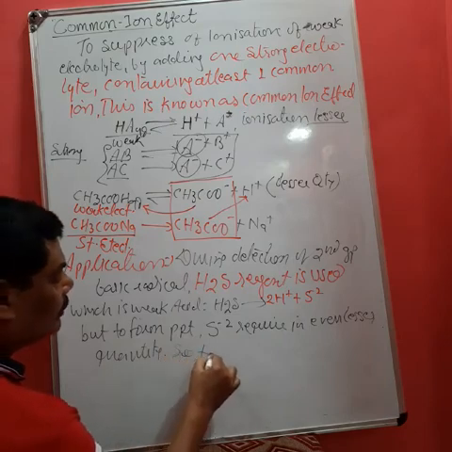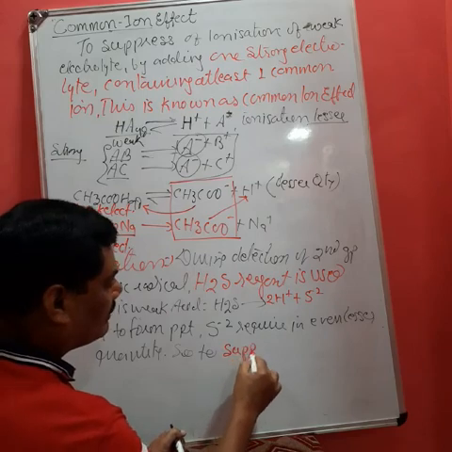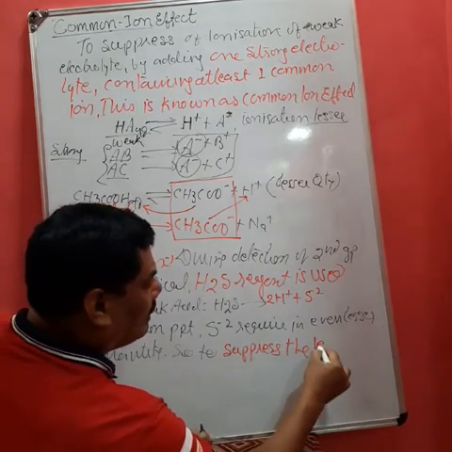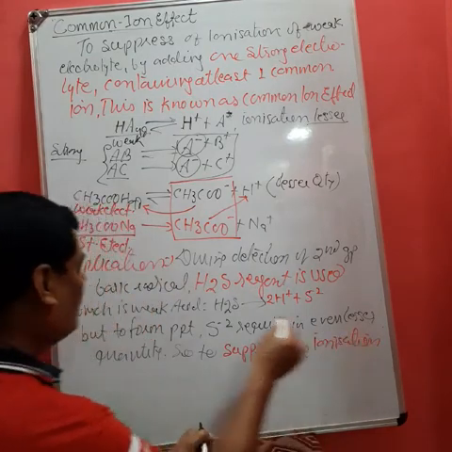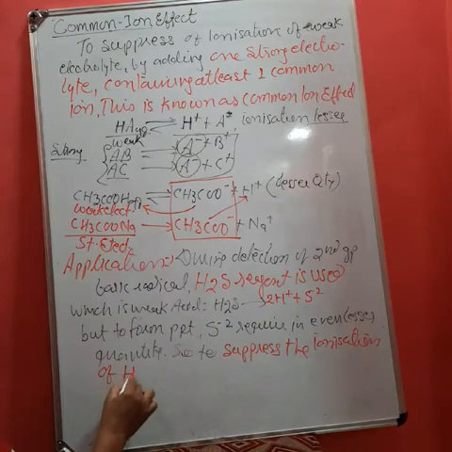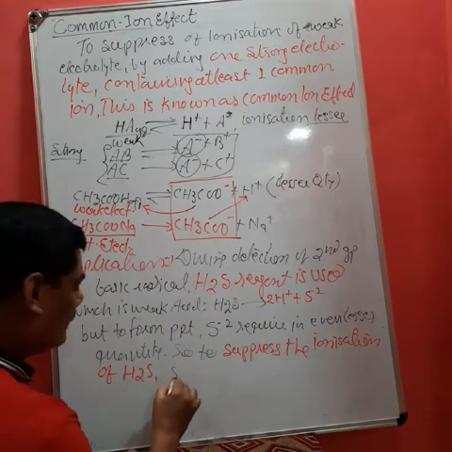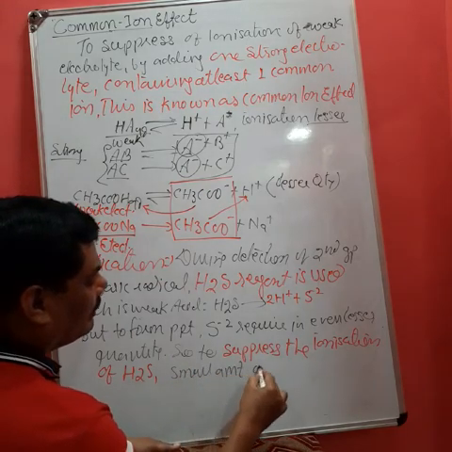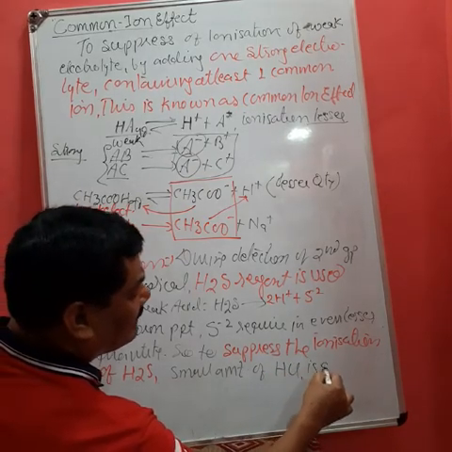So to suppress the ionization of H2S, a small amount of HCl is added with it.